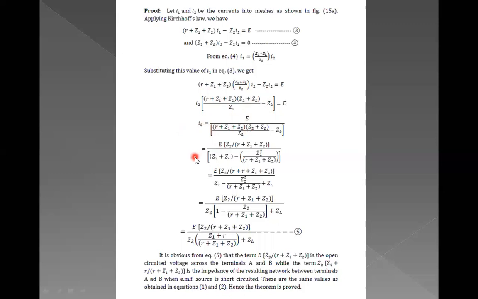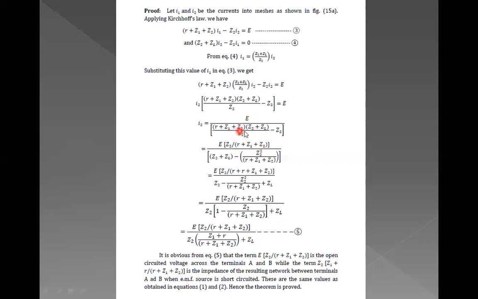Or what we did is E by, we have multiplied this by Z2 by R plus Z1 plus Z2, because this is a denominator, this Z2 will go into the numerator, so this will come like E into Z2, and then we have divided the same by R plus Z1 plus Z2.